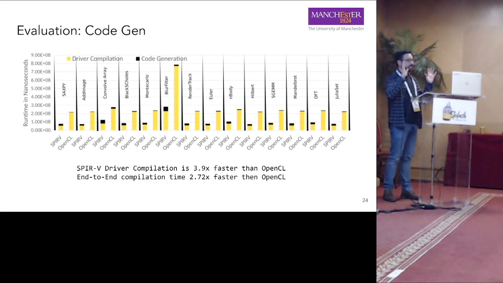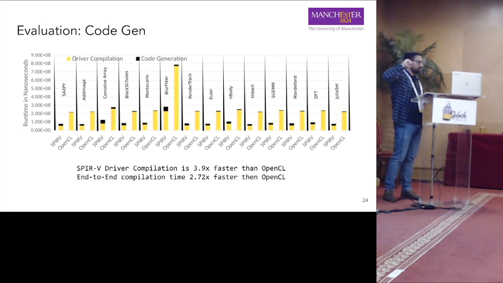So SPIR-V and OpenCL, you can think about both of them as intermediate code. Then you send this to the driver, the GPU driver, and the driver will do the final compilation, okay? And that's the time that is represented in yellow here. So let's analyze the black portions. The Y axis represents pure runtime, so the lower, the better, okay?